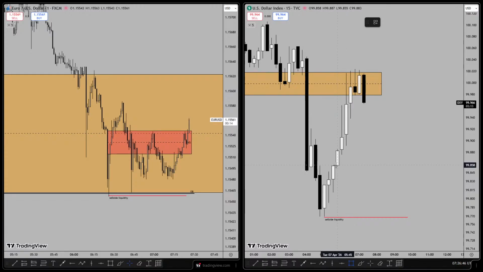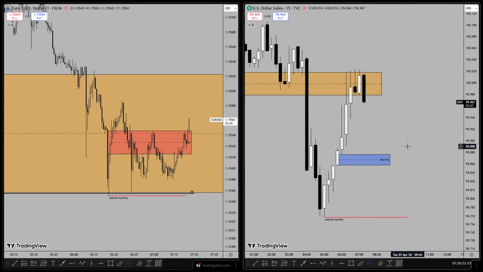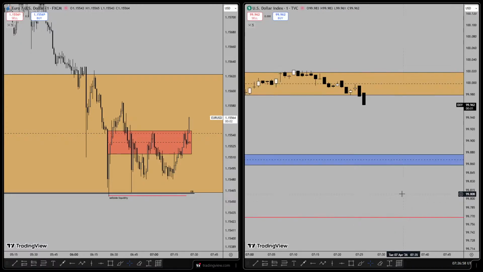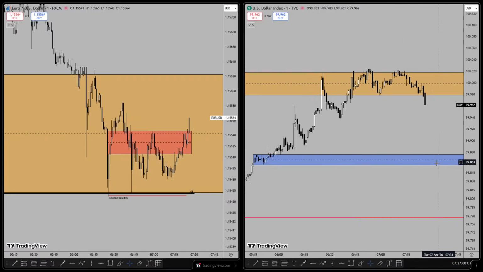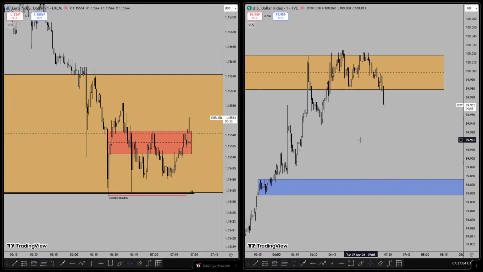From the 15 minutes fair value gap, that should be a great area to look at as a first target from our perspective.